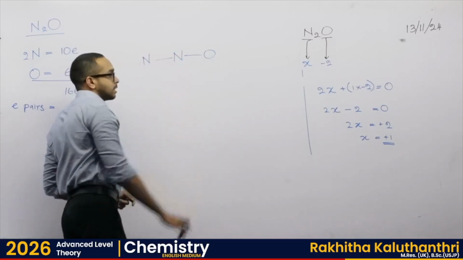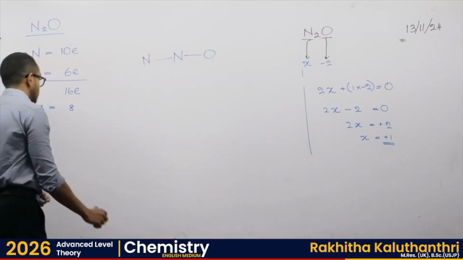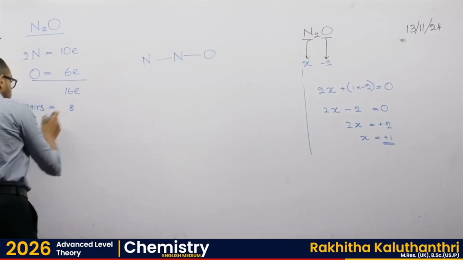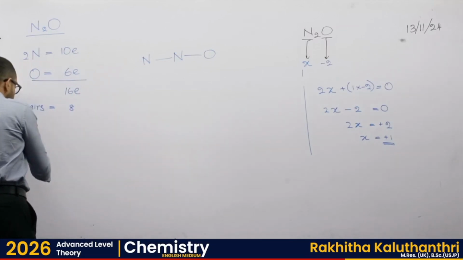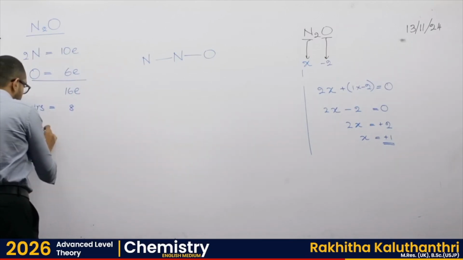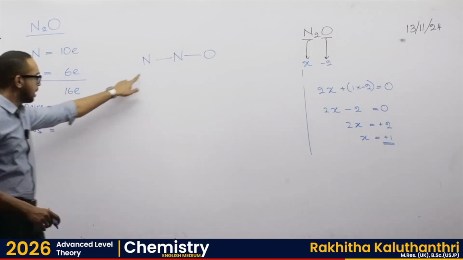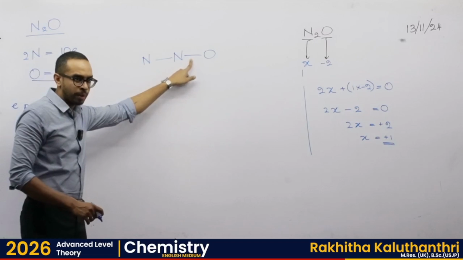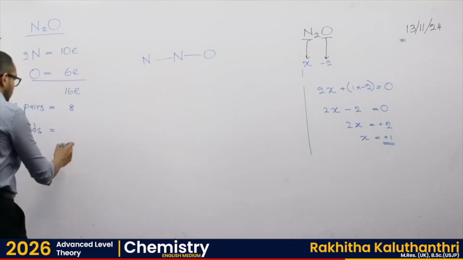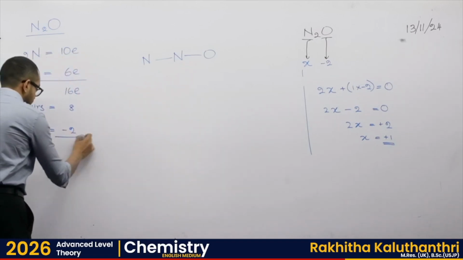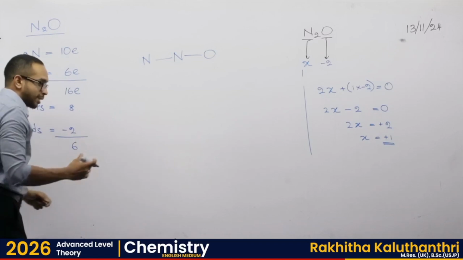So as a central atom you have to choose nitrogen first. Since we have used two bond electron pairs, out of the 8 electron pairs I had to represent altogether, I remove those 2 and I'm left with 6 electron pairs.